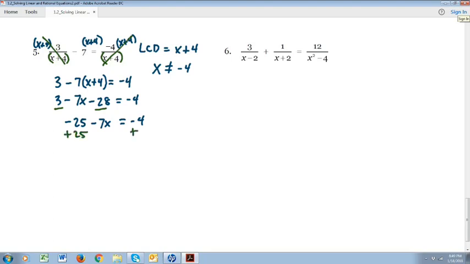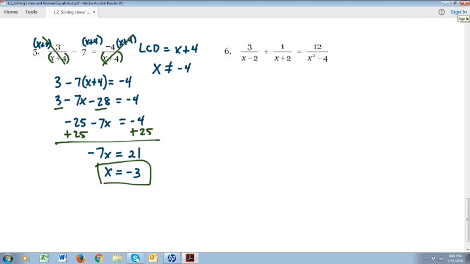So we always add or subtract first. We'll want to add 25 to both sides. We're going to get negative 7x equals 21, which means x is negative 3. Now before I box my answer, notice that x can't be negative 4, and we didn't get negative 4, so our solution is a good solution, and we're done with that one.